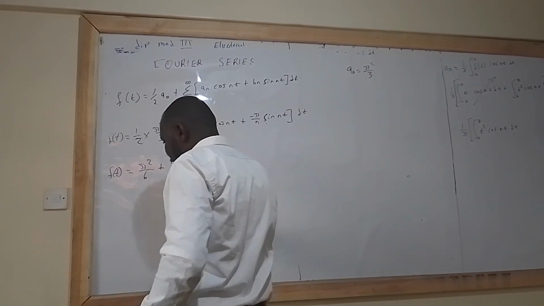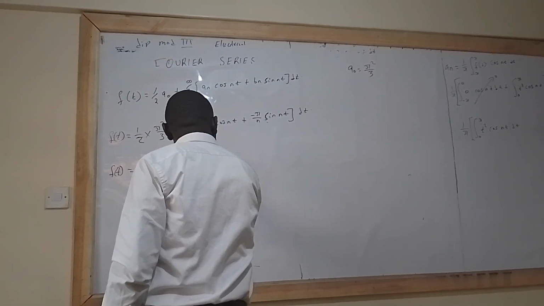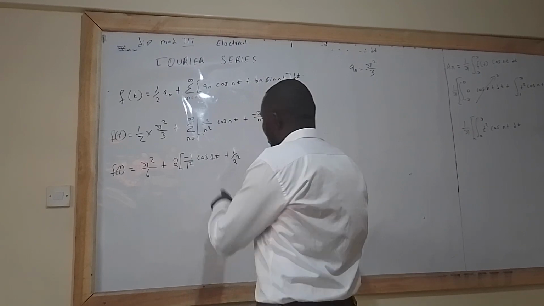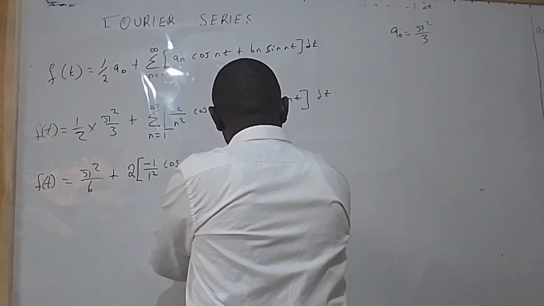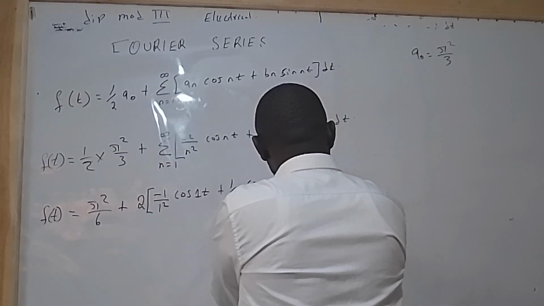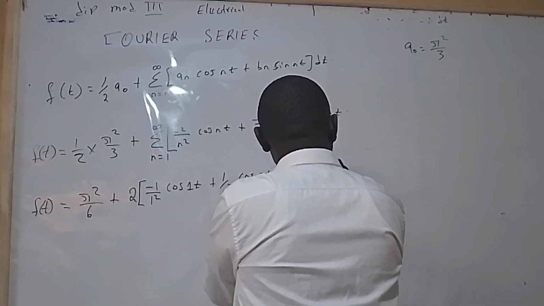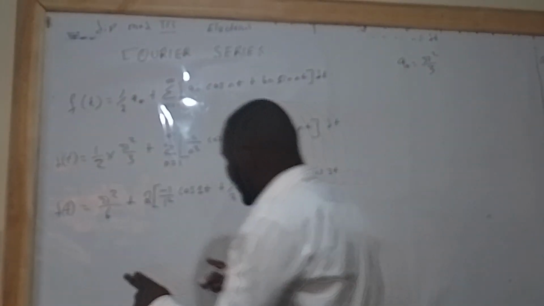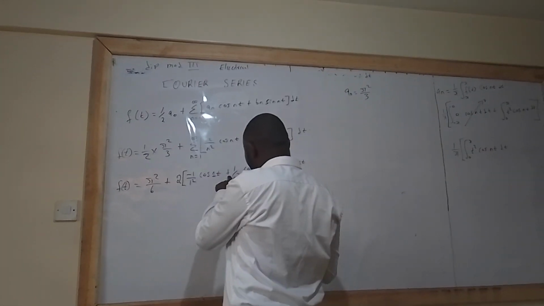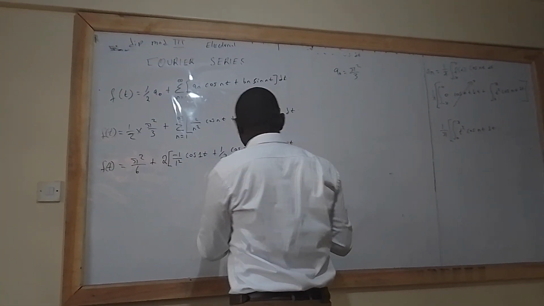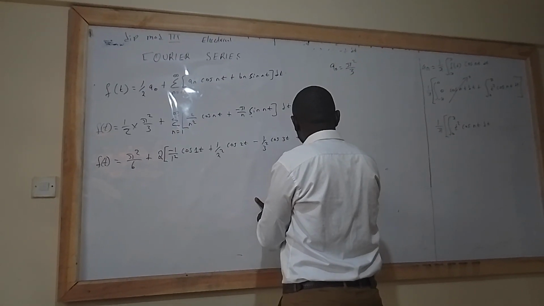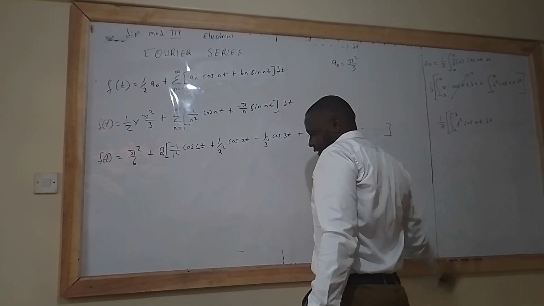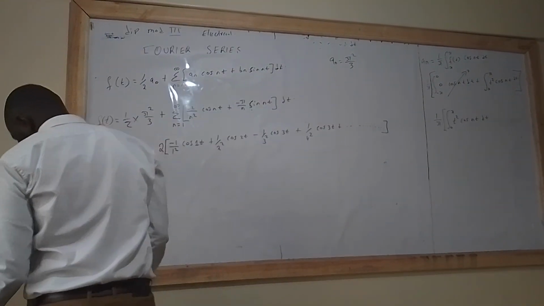So 1 squared cos of 1t plus 1 over 2 squared cos of 2t plus 1 over 3 squared cos of 3t. This one is a negative. This one must be a positive. This one will be a negative. Positive 1 over 4 squared cos of 4t plus until infinity.